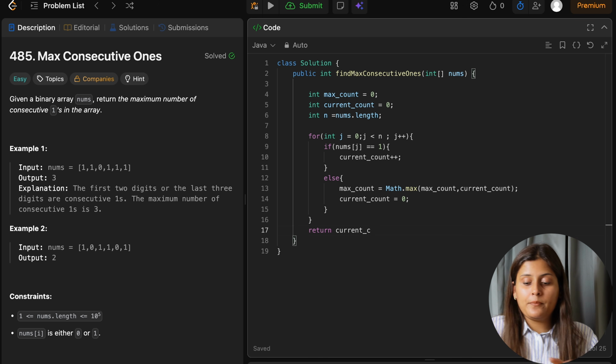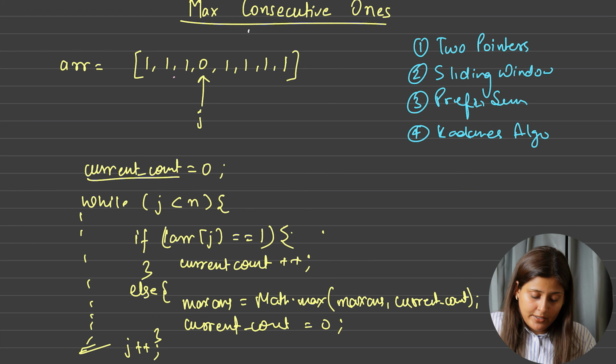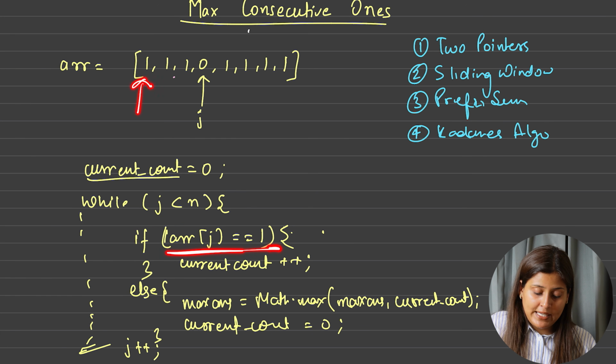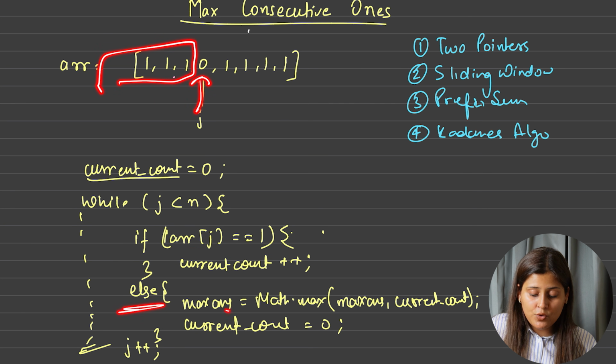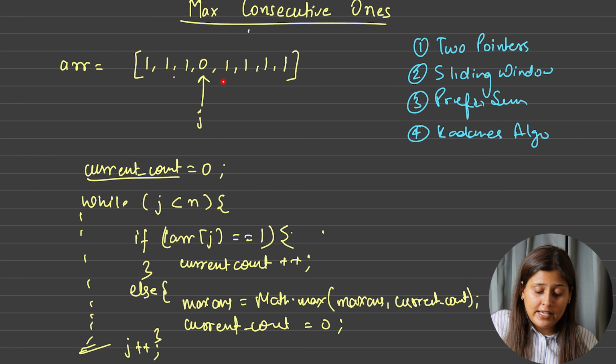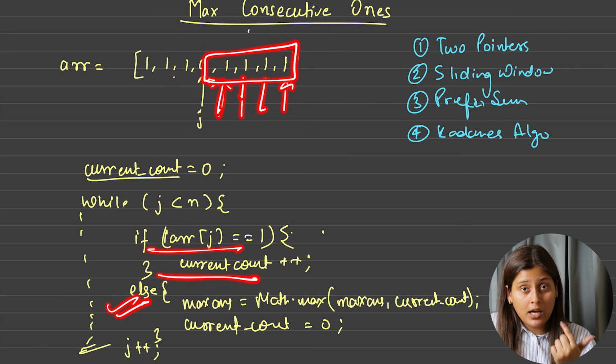But let's come onto the screen. If you see here, the first time it will check inside the while loop or for loop: array of j is equal to 1, yes, 1, yes, 1, yes. Only when it hits 0 do you update the length, in the else case. But in the next case, even though you will count 0, 1, 2, 3, 4, a length of 4 in the if case, you will never fall in the else case again.